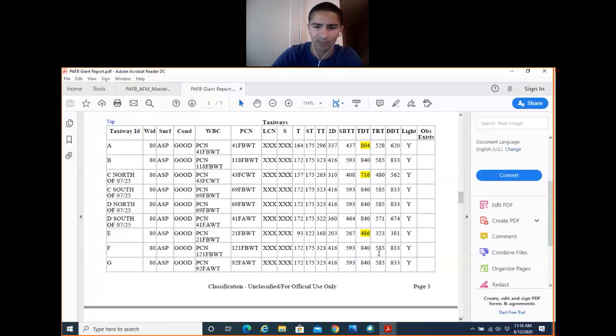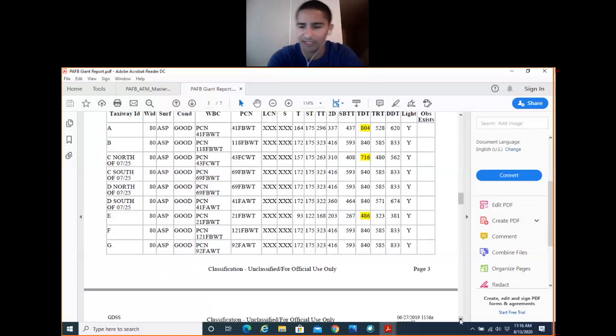See taxiway E here limited to 486. That's pretty low. So that stuff comes up in mission planning, and for me that's one of the biggest things with mission planning, knowing the weights of those taxi ramps, because you get a taxi clearance. You don't want to be flipping through this stuff to figure out what taxiways can support you.